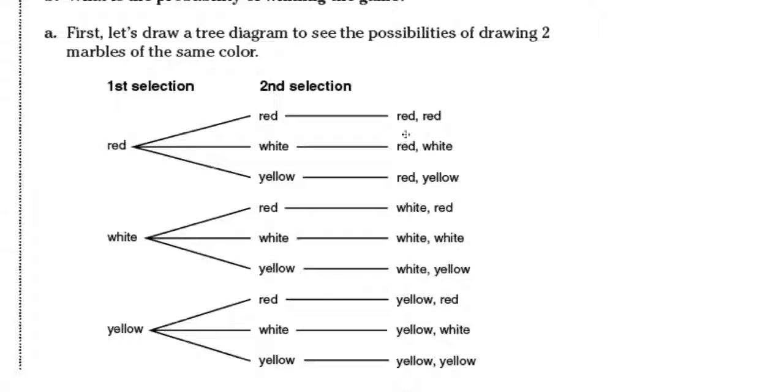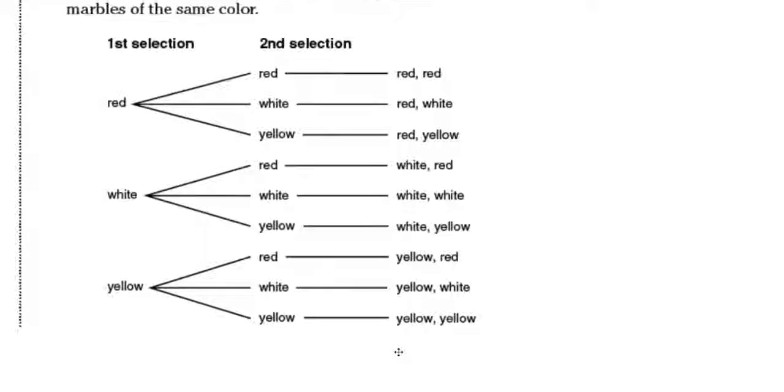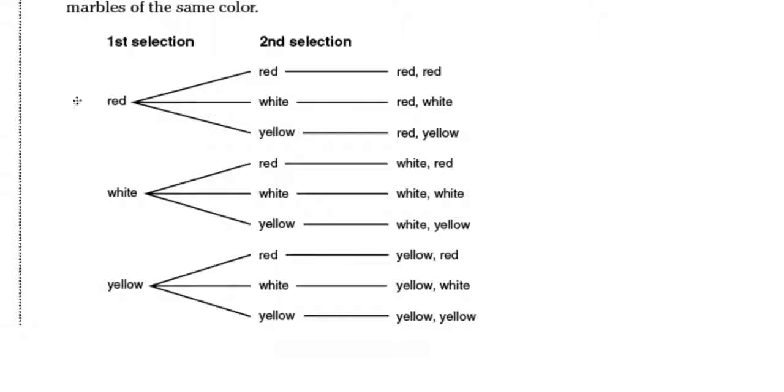The possible outcomes would be red-red, red-white, red-yellow, white-red, white-white, white-yellow, yellow-red, yellow-white, and yellow-yellow. So there are 1, 2, 3, 4, 5, 6, 7, 8, 9 possible outcomes. If you notice, in the first event, there are 3 choices to choose from, and in the second selection, there are also 3.